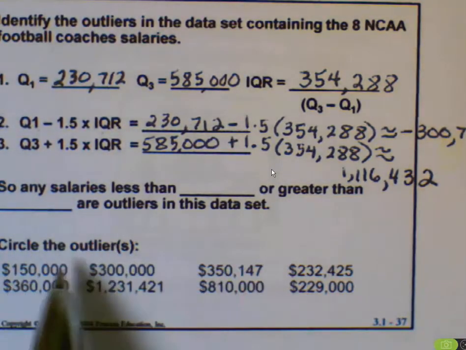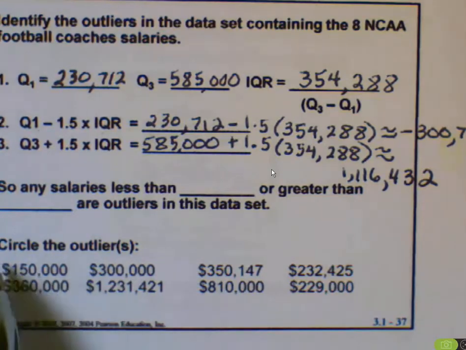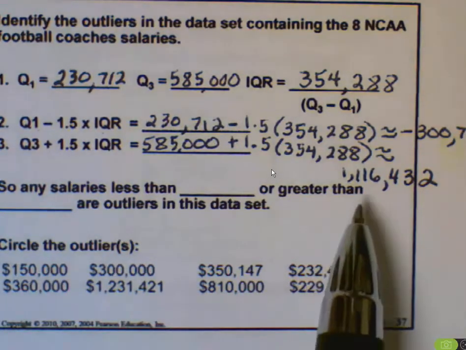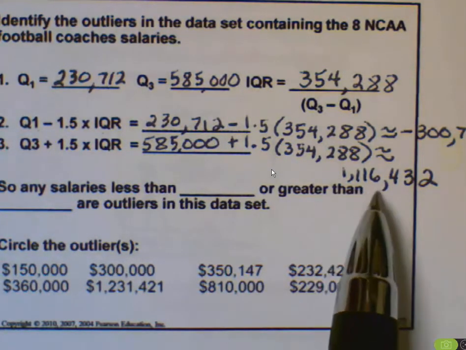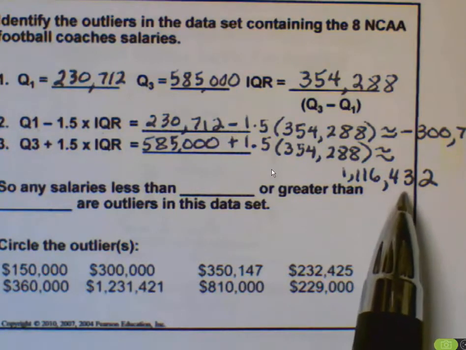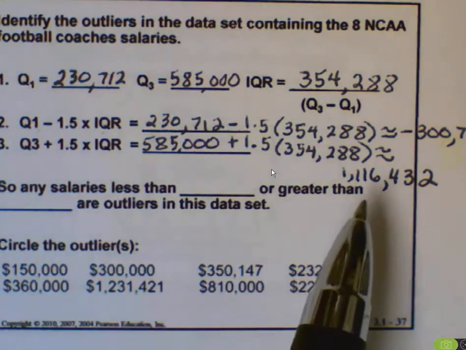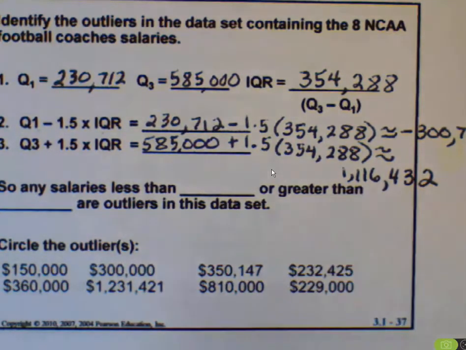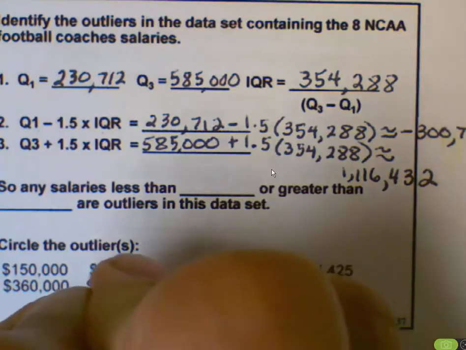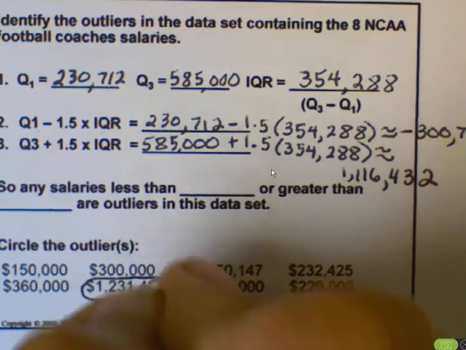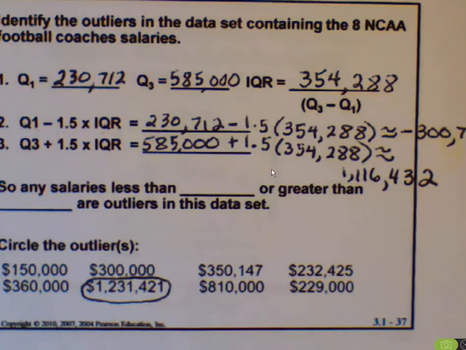So any one of these salaries that's more than $1,116,432 is an outlier. The only one of these that is more than $1,116,000 is the $1,231,421.